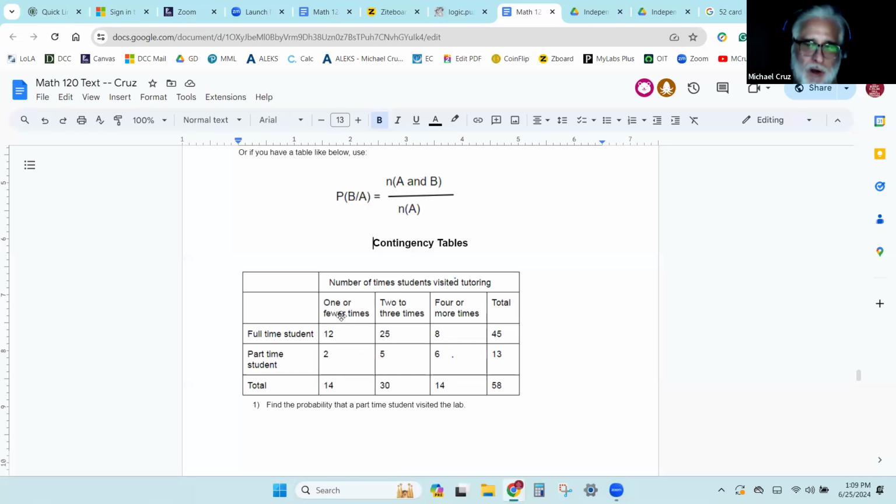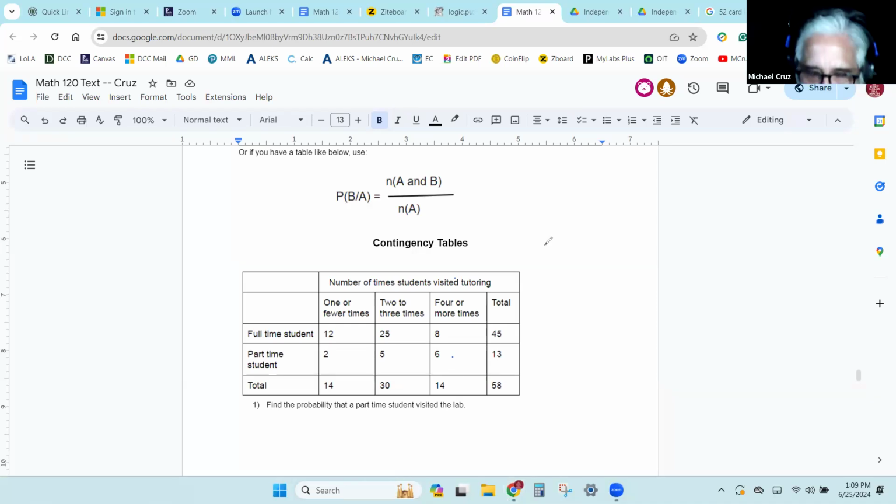So the columns are they visited 1 or few times, in other words, 1 or none, 2 to 3 times, and then 4 or more times. And then it's broken up on the rows with full-time versus part-time. All right. So we're going to be taking that chart as we do some of these problems.